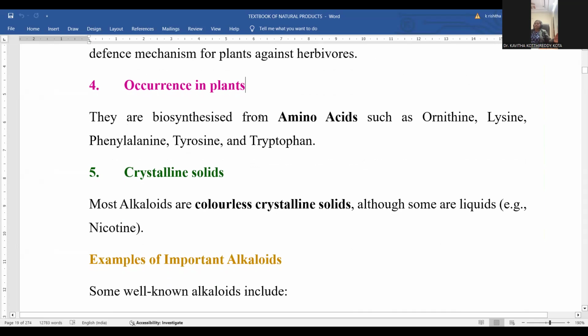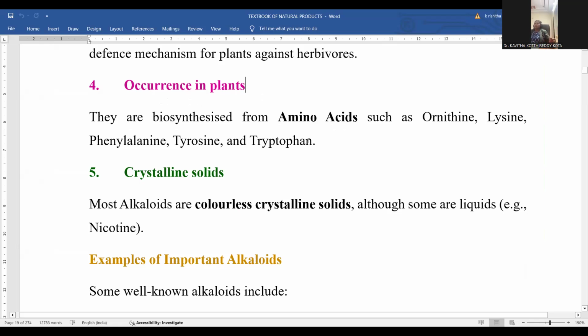As we already discussed, these alkaloid materials may exist in the root system, stem, leaves, nuts, seeds, and flowers as well. So many regions are enriched with these alkaloids, and they exist in plant materials in general. Biosynthesis of these alkaloids starts from amino acids, just like proteins.